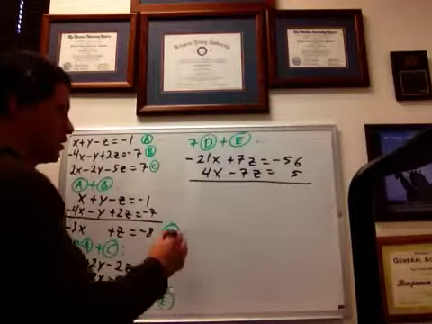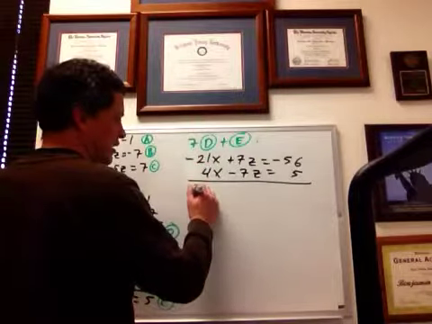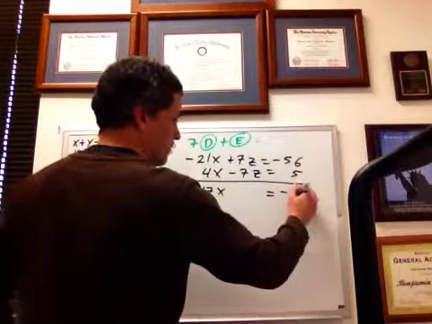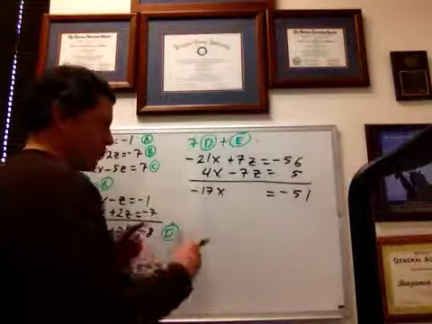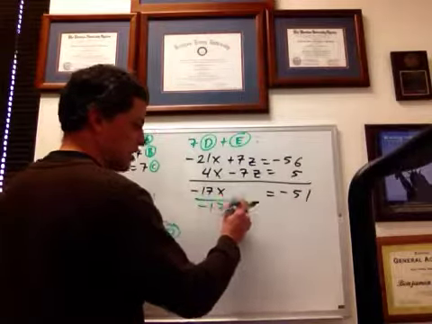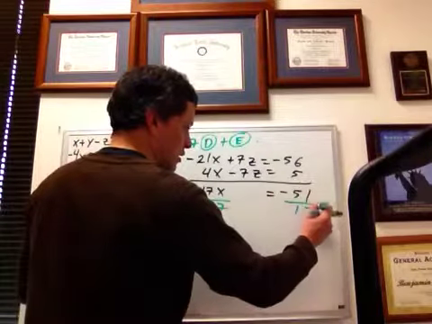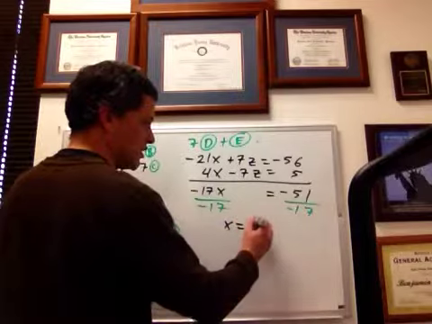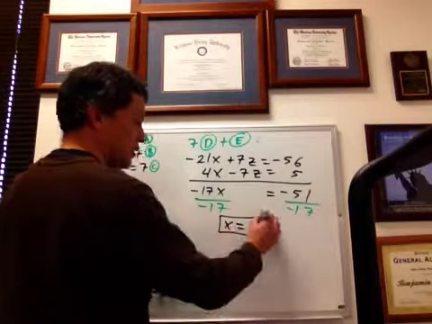Let's go ahead and add this together. It works out kind of nice. I've got negative 17x equaling a negative 51. And if I divide both sides by a negative 17, lo and behold, x will equal 3.